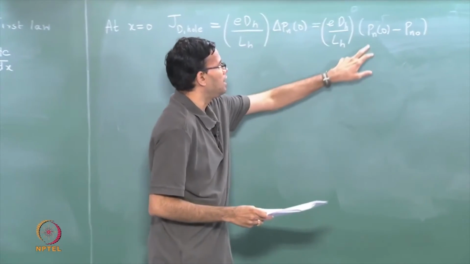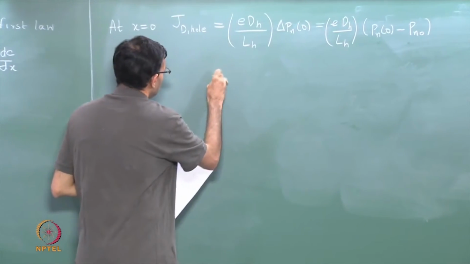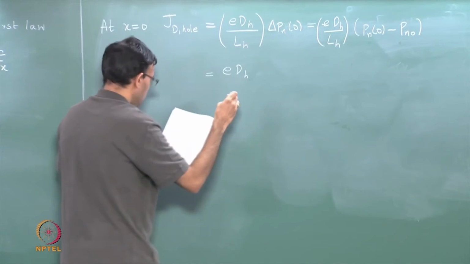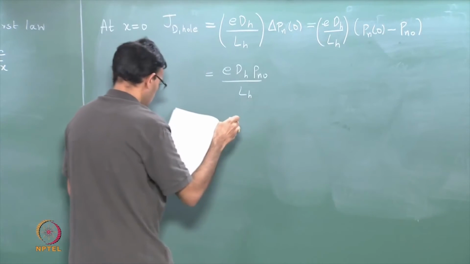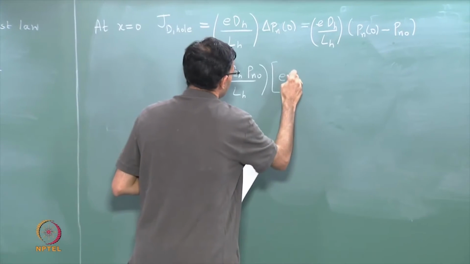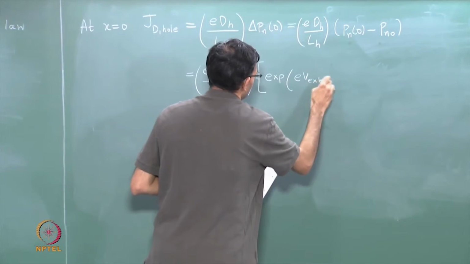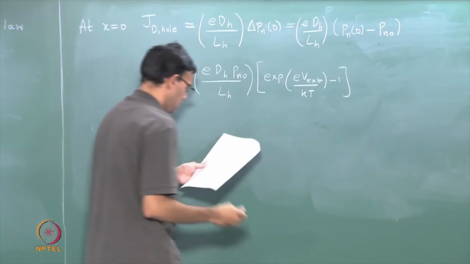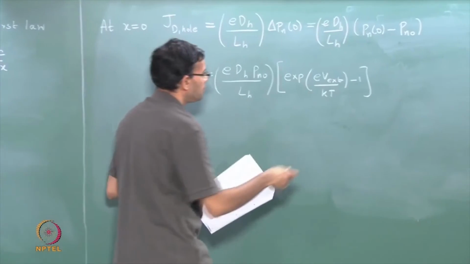We can substitute the values for Pn of 0 and Pn naught, and we take out the common terms. You are left with E DH Pn naught over LH times exponential EV external over KT minus 1. Pn naught is nothing but Ni square over Nd.